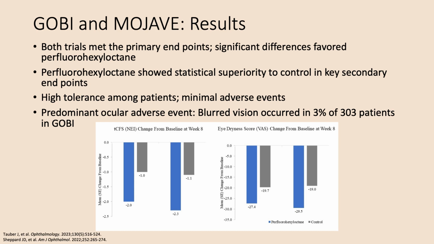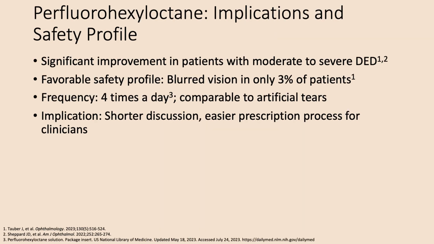And there was really high tolerance among patients with minimal adverse events. The predominant ocular AE was blurred vision in 3% of patients. Patients were using it in the trial 4 times a day, which is really comparable to how often they're using artificial tears.